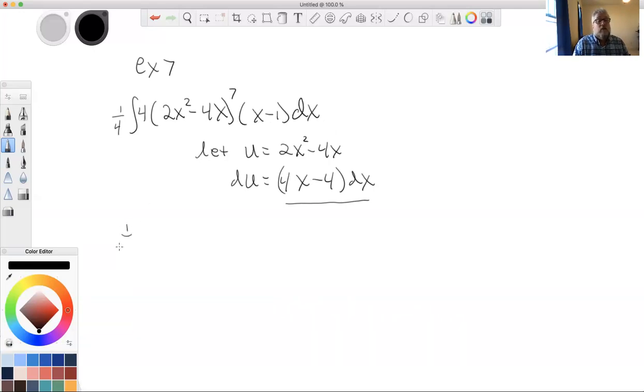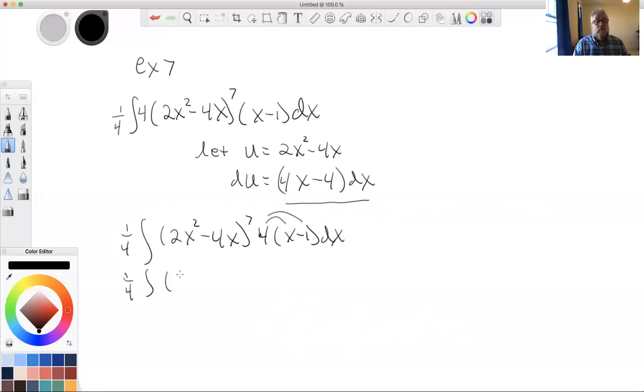So by getting that constant in there, 2x squared minus 4x to the 7th, and here's my 4, and I'll multiply this in there. So that's 4x minus 4 dx.